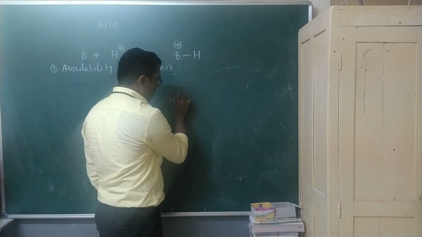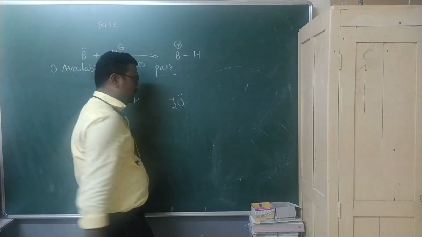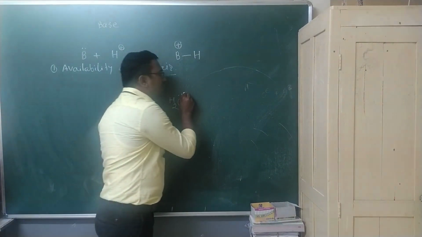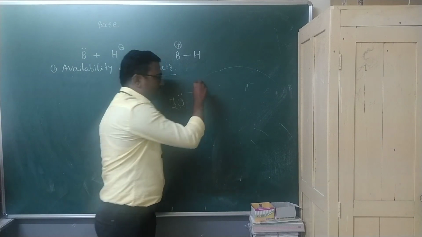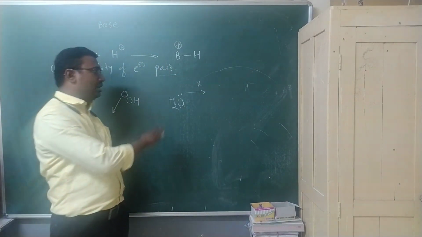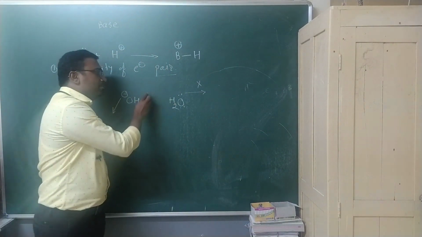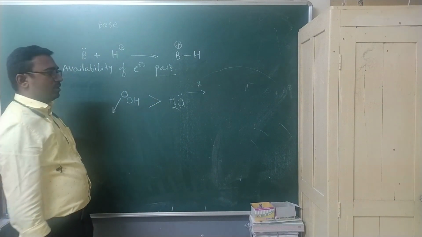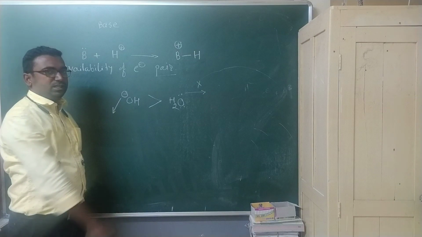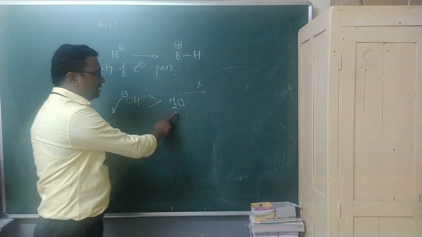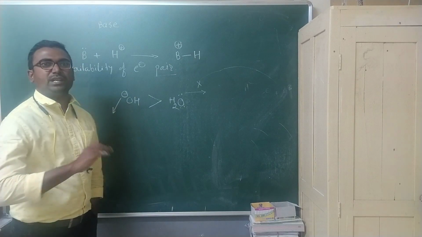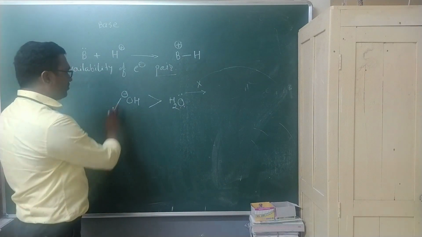Rather than the water molecule, which has oxygen with two lone pairs of electrons, but these are not readily available for donation. Of course, it can donate, but between hydroxyl ion and water molecule, the hydroxyl ion is more basic than the water molecule, because it has a negative charge, and negative charge is readily available for donation.